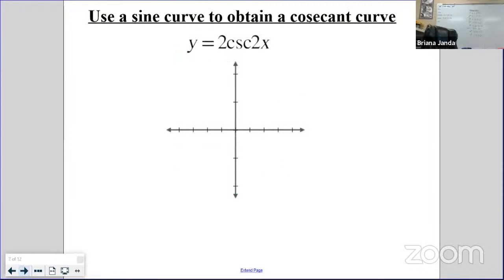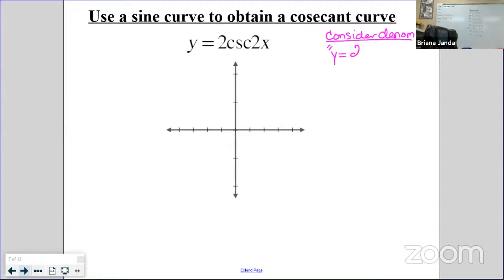So how do we graph this? Something with a transformation, like the one we did in our warm-up. Y equals 2 cosecant 2x. What I do is I consider the denominator, and I would actually graph this, and I would put a parenthesis, but I'm not going to actually graph it.